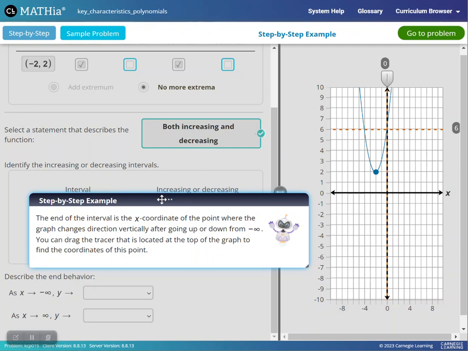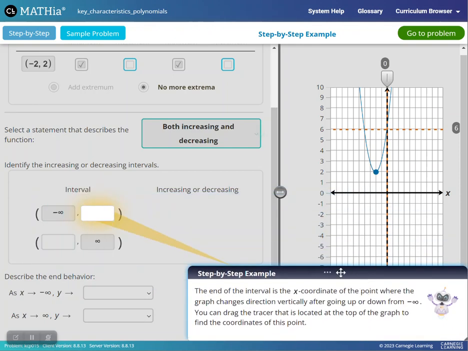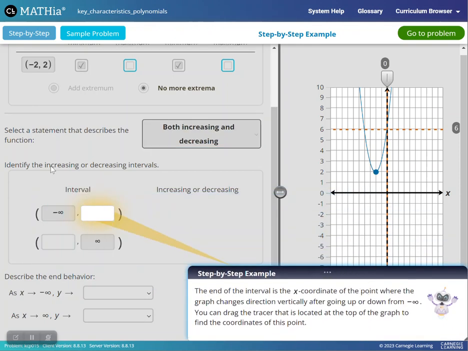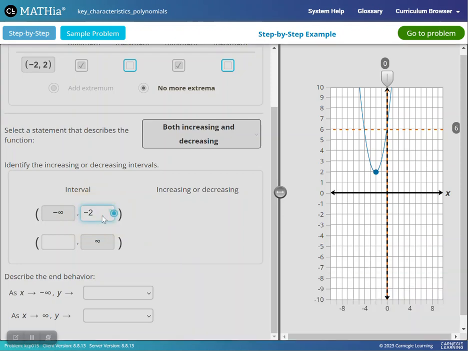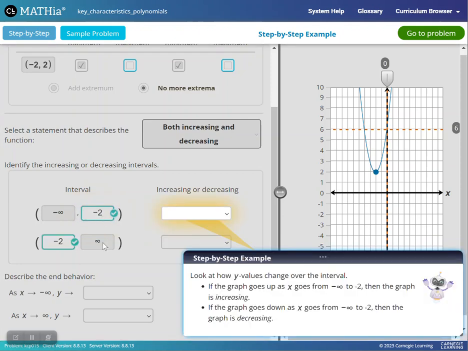Now at this point, we're going to talk about the intervals of increasing or decreasing. So we're going to start with from -infinity to what is it? Well, from -infinity is all the way to the left, all the way down to -2, and that's where the vertex is. And then from -2 to positive infinity, it's going to be going the other way.